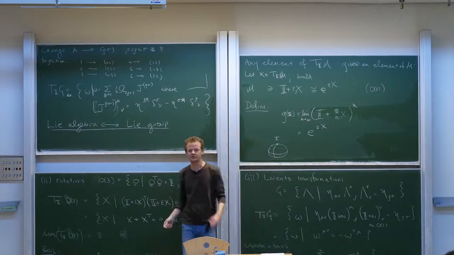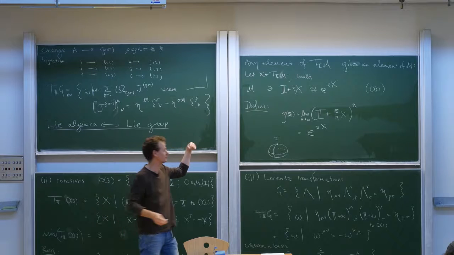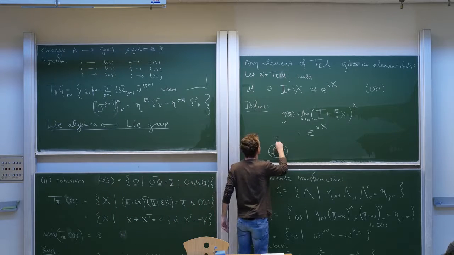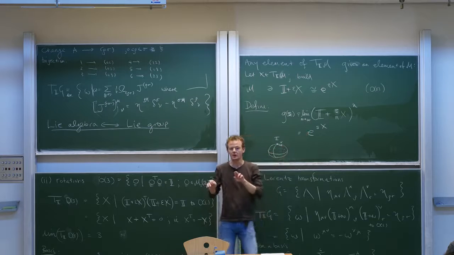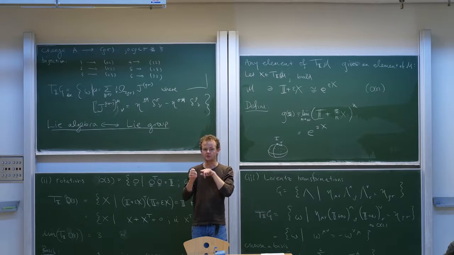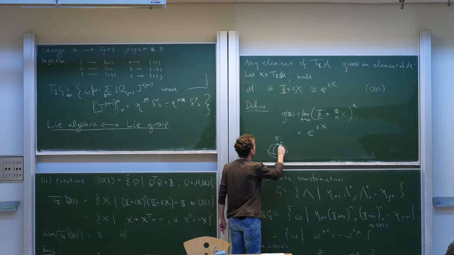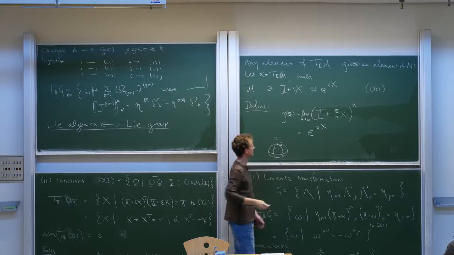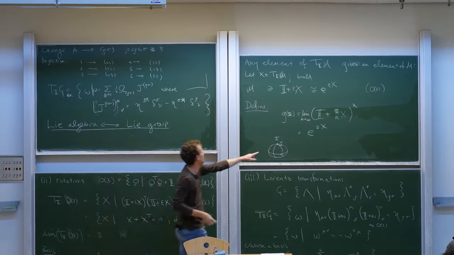Now, an element of the tangent space is a tangent vector to the sphere. So that's some two-dimensional vector, right? That's x there. And what this map is doing is saying, go along the sphere, along a geodesic, a distance s, in the direction x. So you go along the great circle, a distance s, around the sphere. That's what the exponentiation map here is saying.